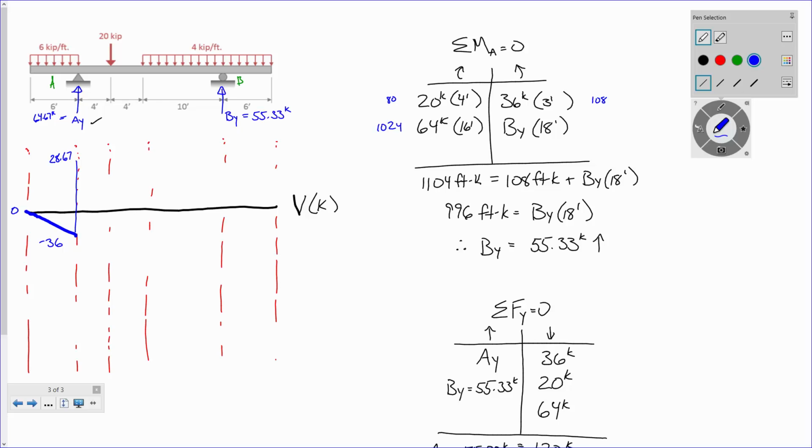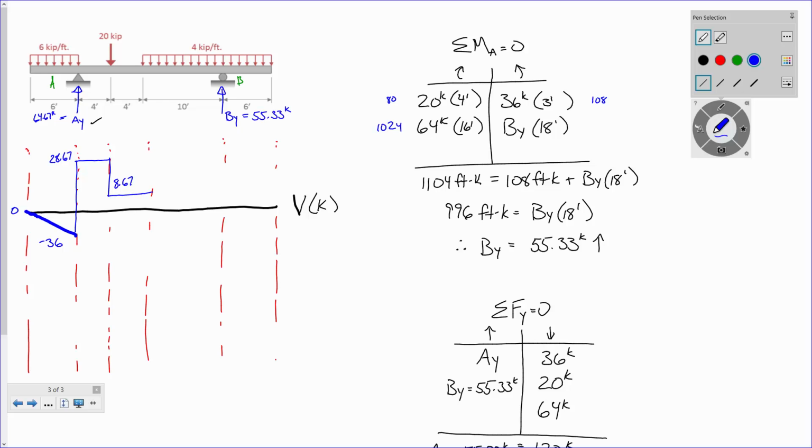Everybody good? Now I follow this over and I've got nothing going on. It's saying, okay, Greg, you can relax for a little bit. Whoa, go down 20 kips. So if I'm at 28.67 and I go down 20 kips, that puts me at 8.67, right?